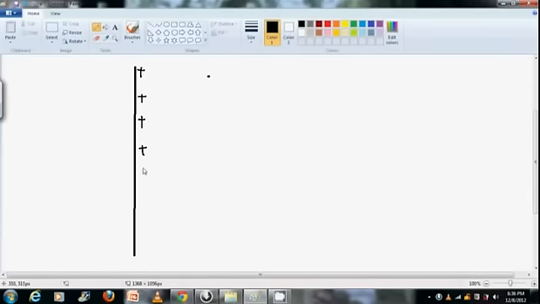So lambda is the charge density, or charge per unit length, of this very long wire. And I want to find the electric field at this point, which is at a distance of say x meters from this wire.